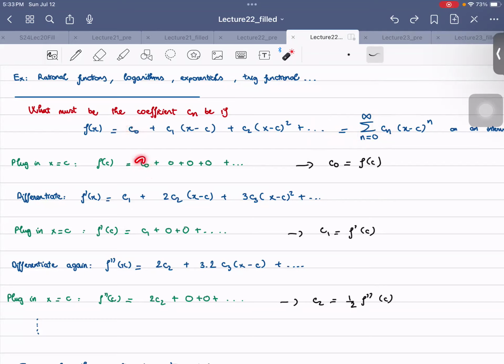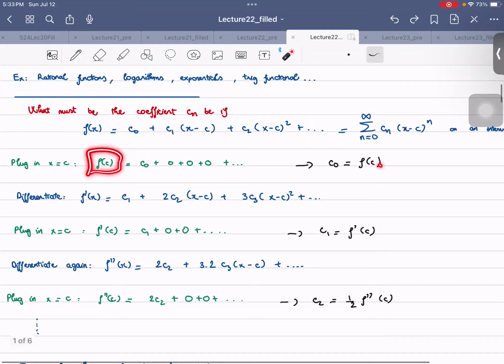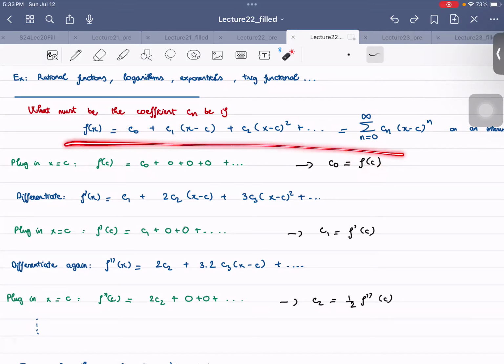So c0 is the output of your function at c. Starting from here, if you take the derivative of your function, f prime of x, c0 vanishes when you take the derivative. The derivative of x minus c is 1, so you have c1 times 1.